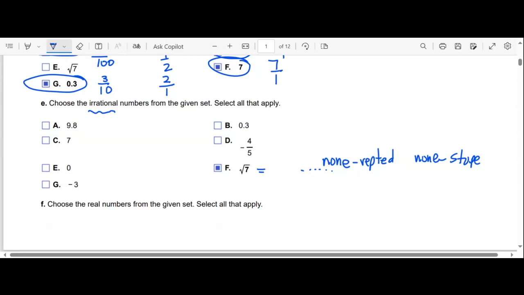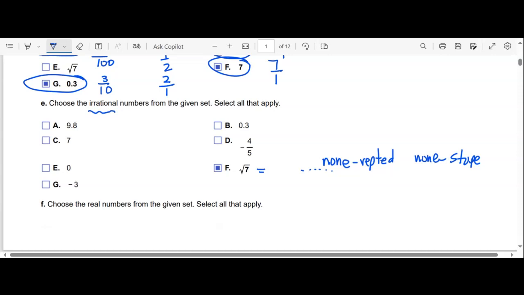It's irrational. The square root of 964 over 61 over 81. So those numbers are non-repeating, non-stop.